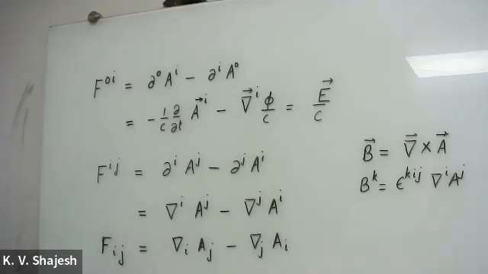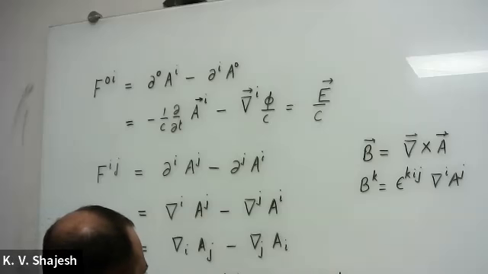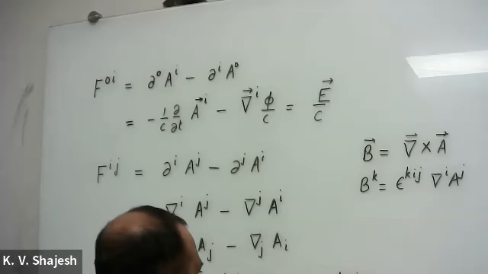Multiply this by epsilon k i j and F i j. That's the same as epsilon k i j del i A j minus epsilon k i j del j A i.